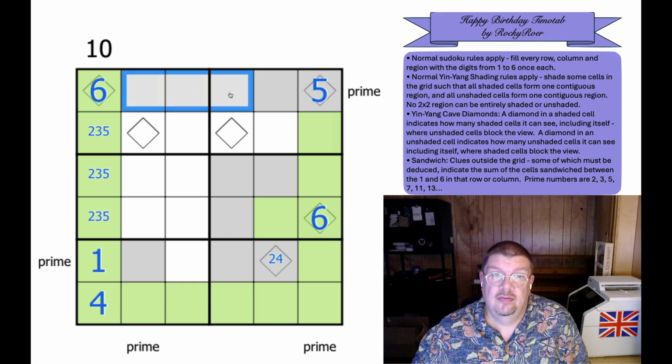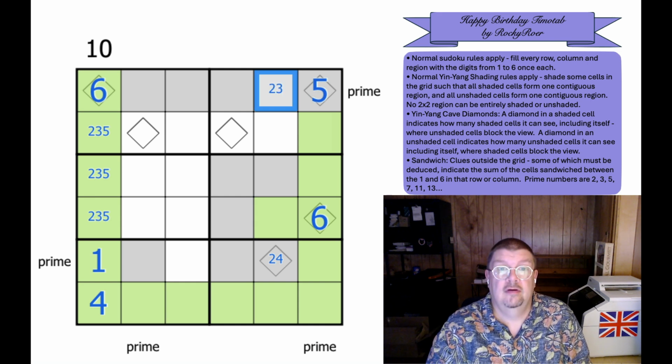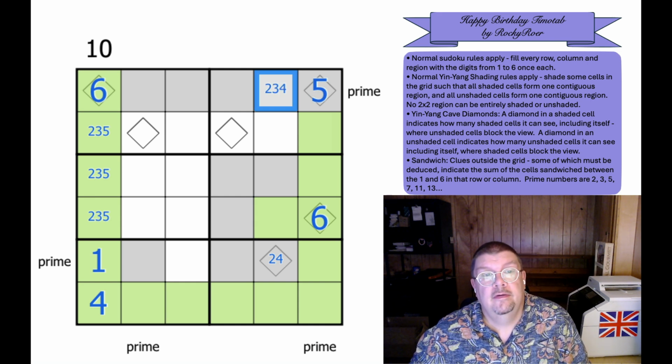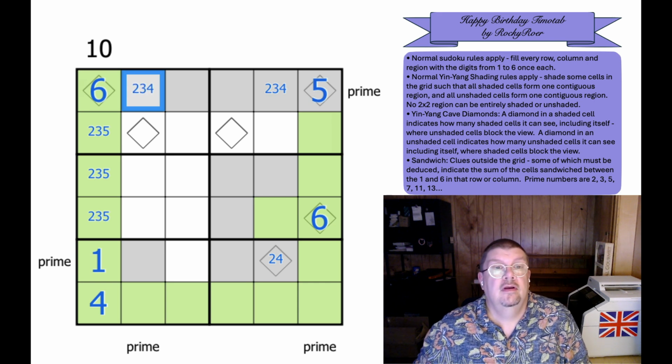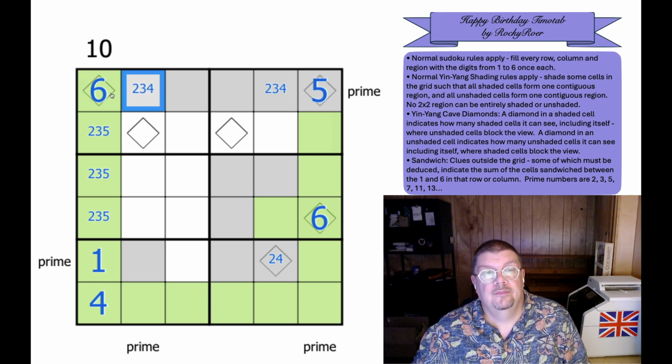So we do not have 3 digits with a 1 here. So that's not a 1. That's 2, 3, or 4. That can't be a 1. That's 2, 3, or 4. Because if that were a 1, I'd have a sandwich of 0.